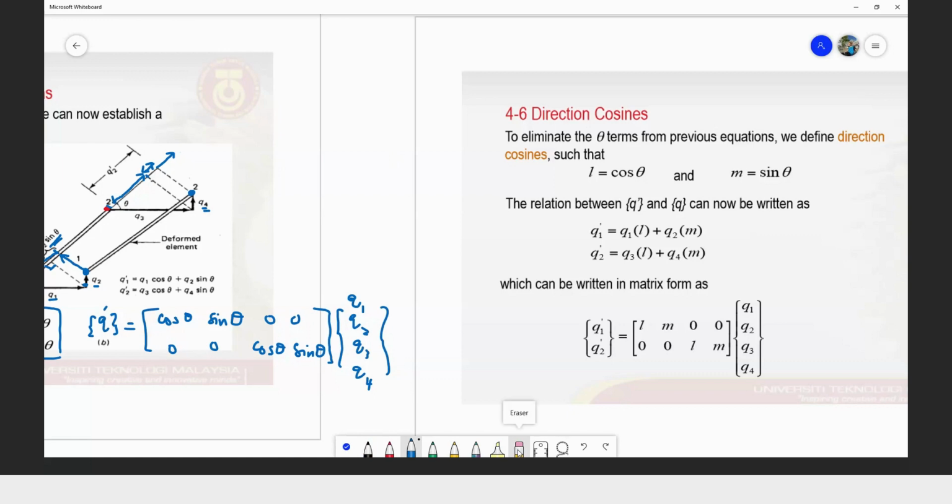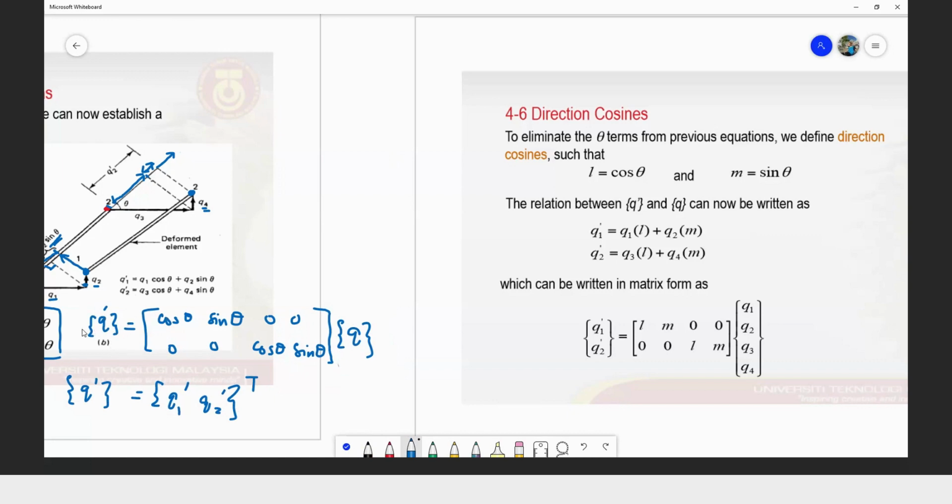Here we can simplify: instead of writing all the Q's, I can just write Q. So we understand Q prime is from the local coordinate system and Q is from the global coordinate system. Q prime has Q1 prime and Q2 prime, and Q in global has Q1, Q2, Q3 and Q4.